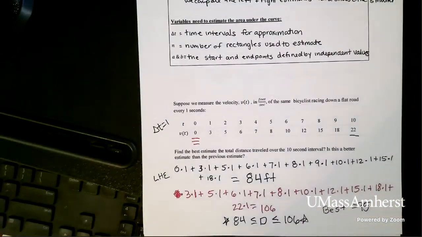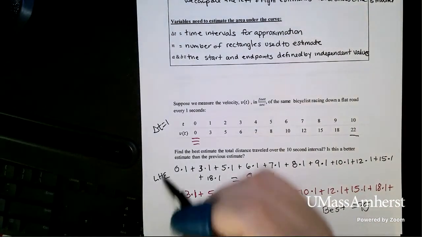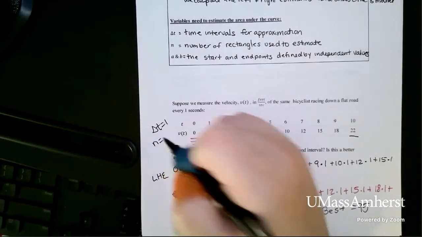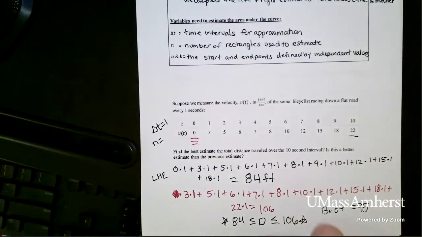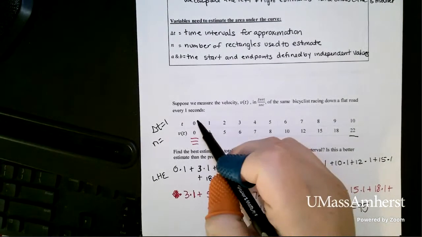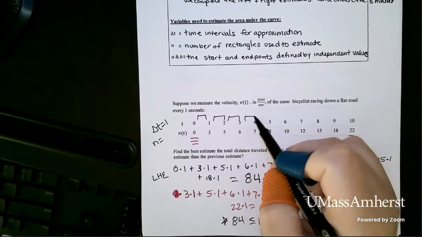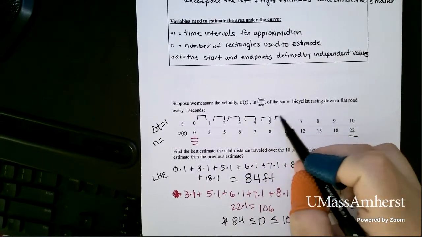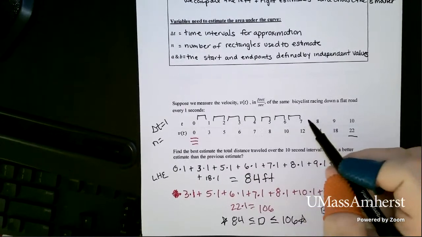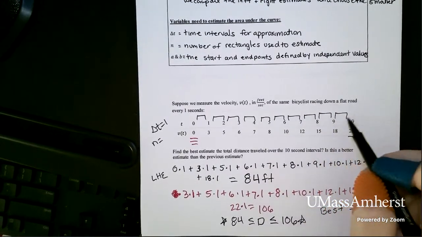Okay, so the other thing I want to point out that has changed here is our n. So n is the number of intervals we're using. So this is 1, 2, 3, 4, 5, 6, 7, 8, 9, 10.